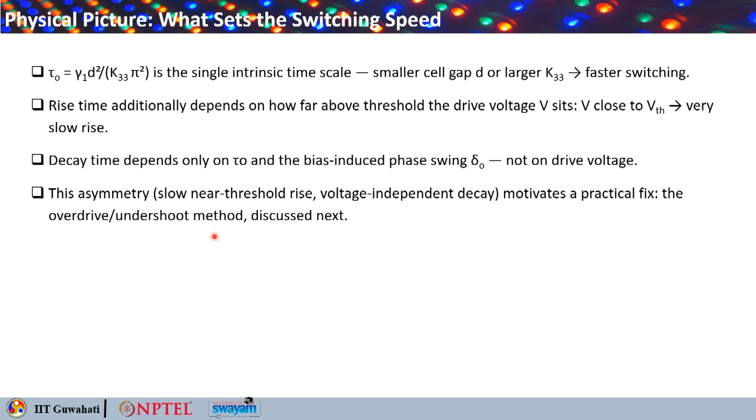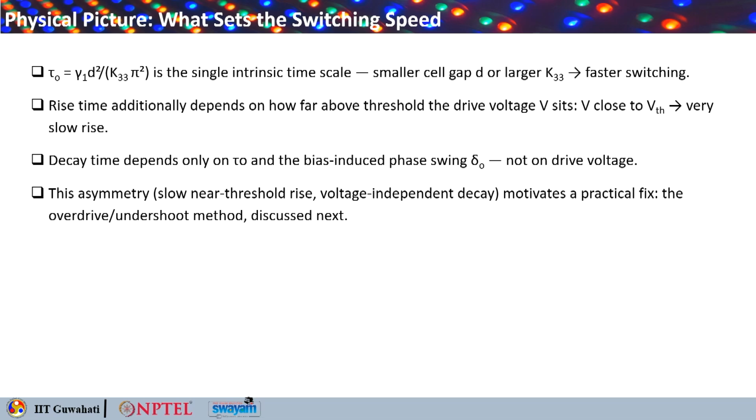These problems motivate a practical fix, where we have to think of some kind of overdrive or undershoot method, which we will be discussing next. One important thing to remember here is the asymmetry.